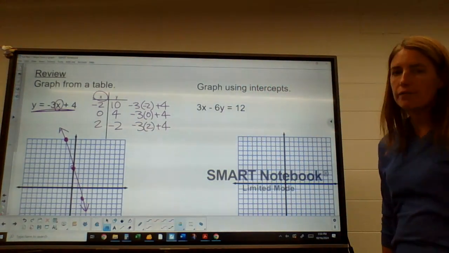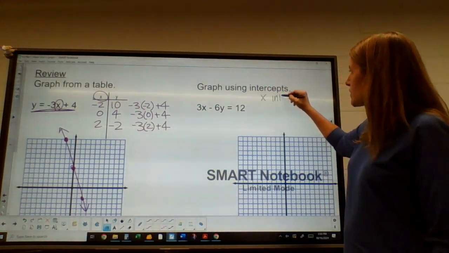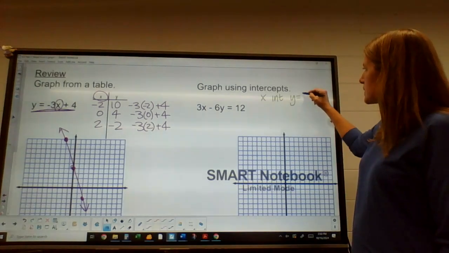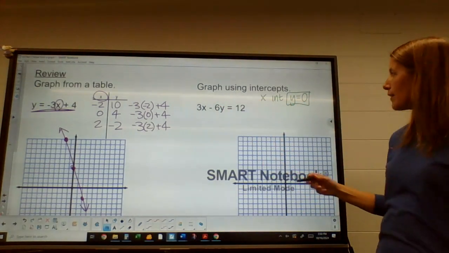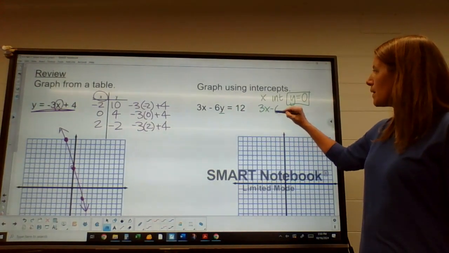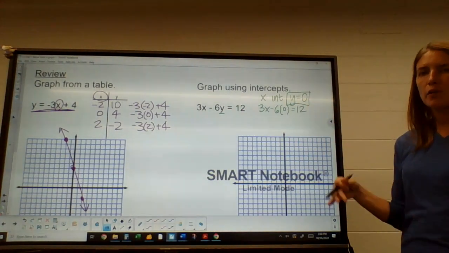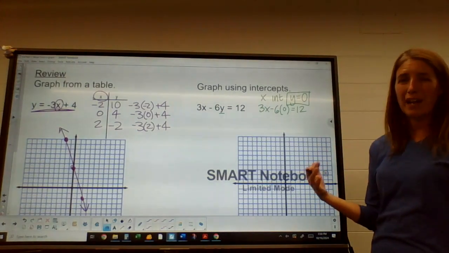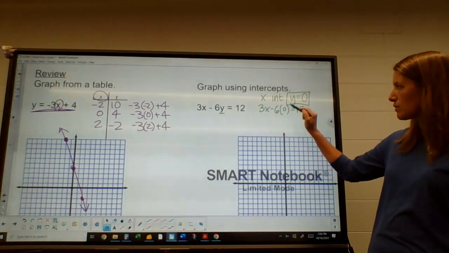Our last one we're going to graph using intercepts. And if you guys recall, we have x and y intercepts. So the x-intercept is where y is 0. So that means I'm going to substitute in 0 as our y value. So in this equation, I'm going to put 0 in as y. And I'm reminding you guys of this because I don't want you to forget how to do this when we have to take a test in a few weeks on this, or a week or so.